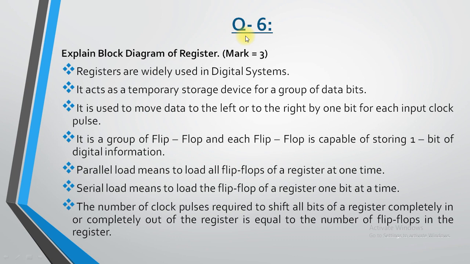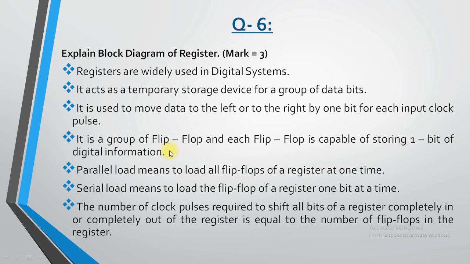So out of the register is equal to the number of flip-flops in the register. As I have told you, if you have used 4 flip-flops with the register, at that time you are going to store 4 bits of information inside the register, because you have 4 flip-flops. And each flip-flop is capable of storing 1 bit of information. I hope the following slide is properly understood.